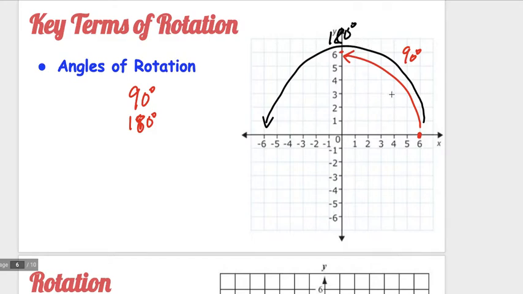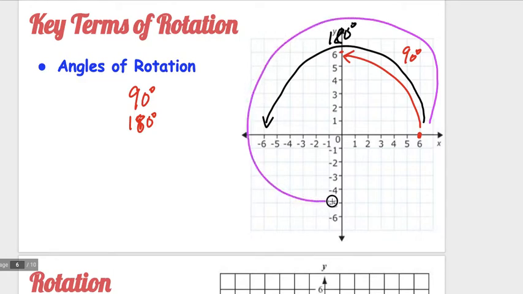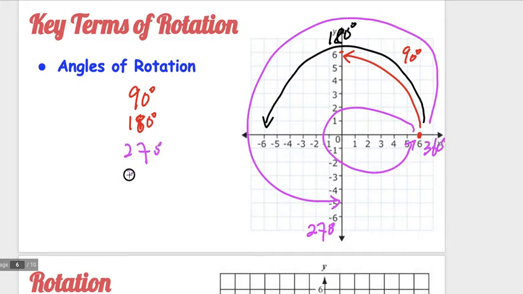If I continue from the start point and go three quarters, I have 270. Then if I go through the whole circle and go back to the original position, this is 360. So these are the different angles we're going to talk about.